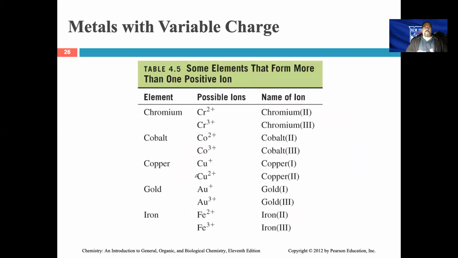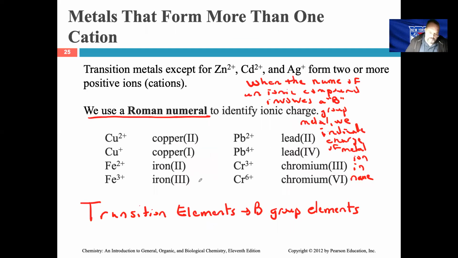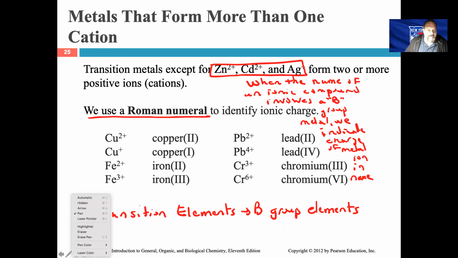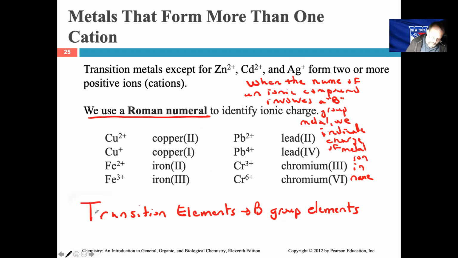Here are some more examples of metals that have multiple charges: chromium, cobalt, copper, gold, iron. Do you have to memorize what ions each of these are going to form? No, you don't. You don't have to know that cobalt is going to form +2, +3. The only thing you really have to remember is that for zinc, cadmium, and silver, you would not use a Roman numeral in the name because, like the A group elements, they tend to form only one type of ion.